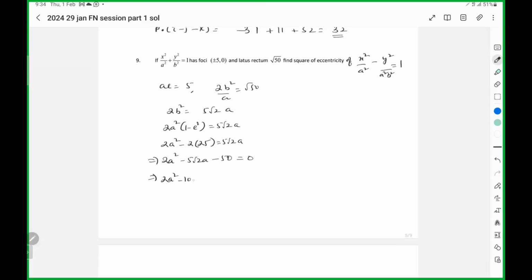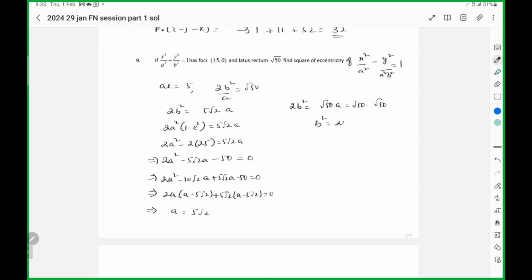2a square minus 10 root 2a plus 5 root 2a minus 50 is 0. So we get a minus 5 root 2 times 2a plus 5 root 2 equals 0. A here is 5 root 2. Once you get a, 2b square is root 50a, that is root 50 into root 50.